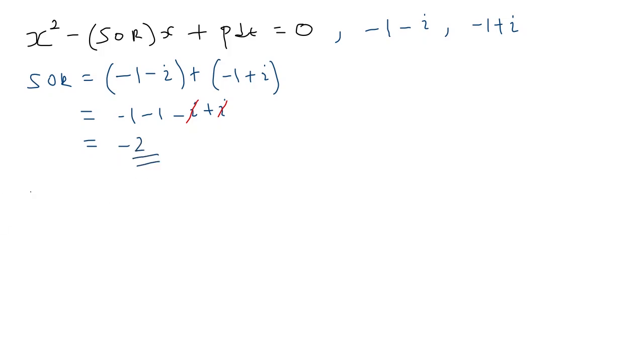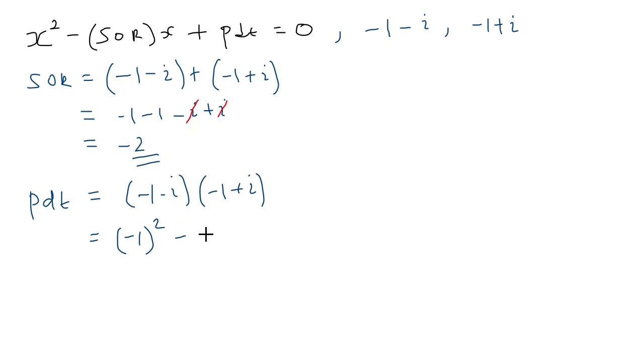What about the product? The product is equal to (-1 minus i) into (-1 plus i). And we see that this is a difference of two squares. So it means this is (-1) squared minus our i squared.